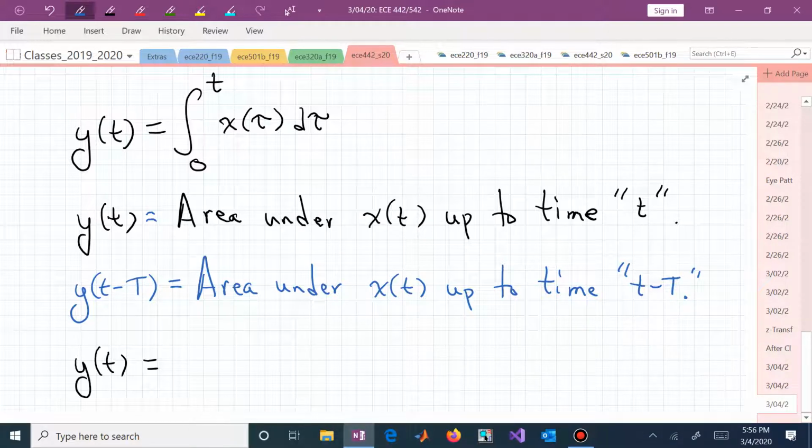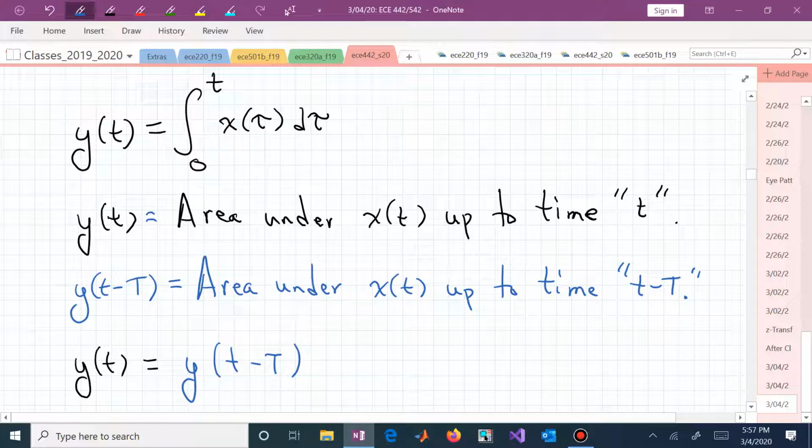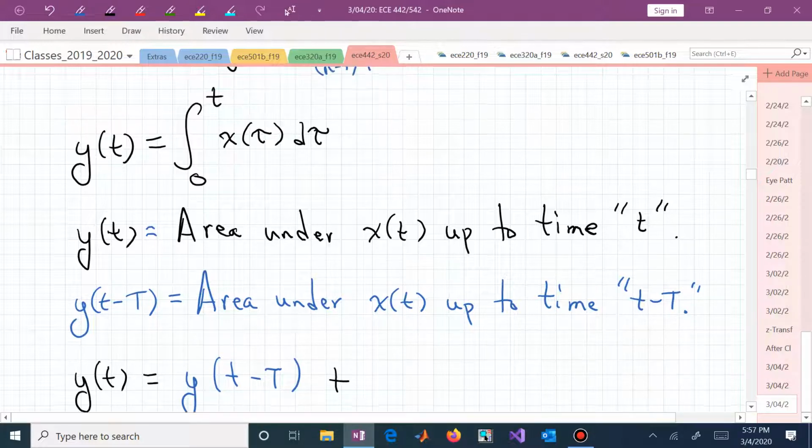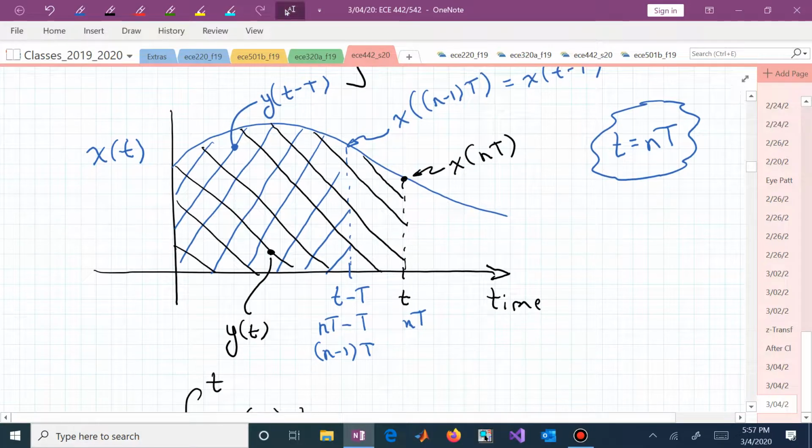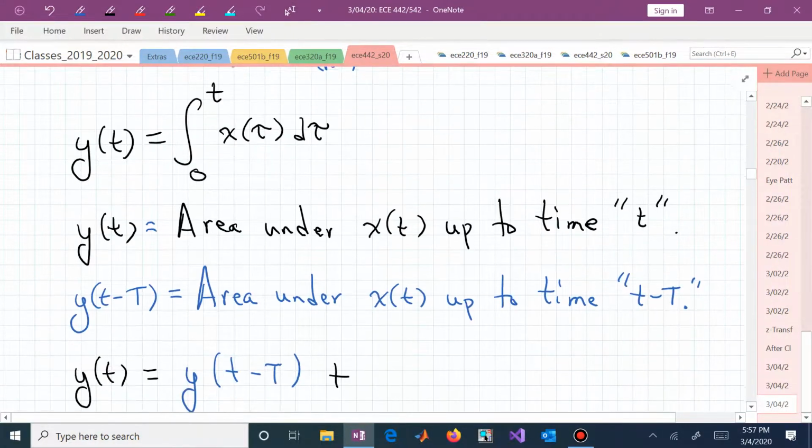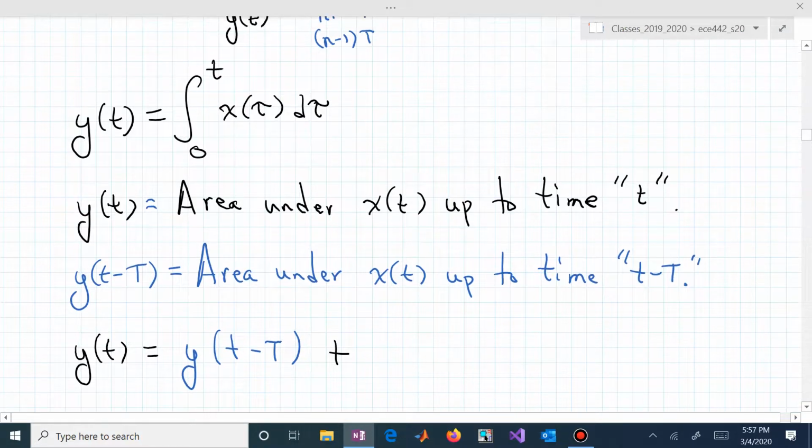Can we now write y of t in terms of y of little t minus capital T? Y of little t is equal to y of t minus capital T plus what? If we were doing this with continuous calculus, what would we add on to y of little t minus capital T?